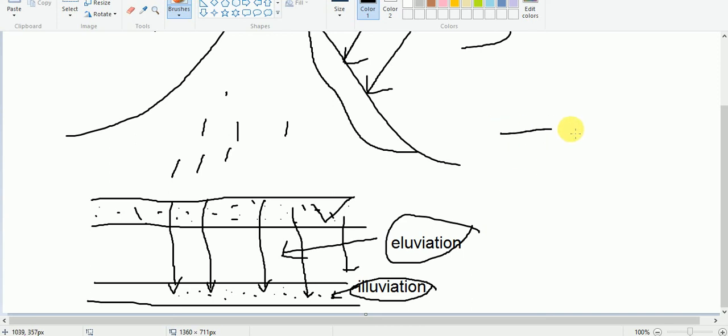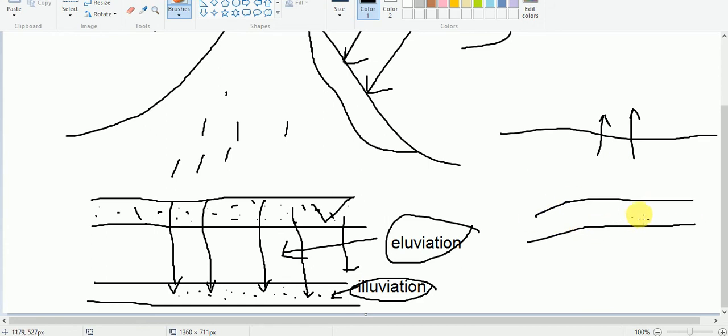See here, let us say this is a dry climate area, and in the dry areas there will be rapid evaporation. Evaporation will be greater than the precipitation. Water from underground, let us say this is an aquifer containing water, will rise upwards through capillary action.